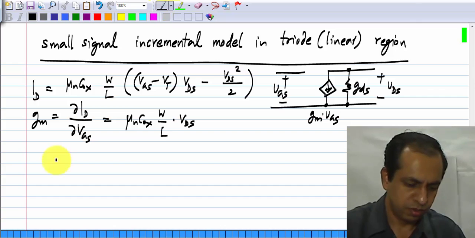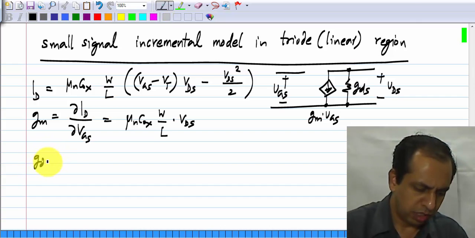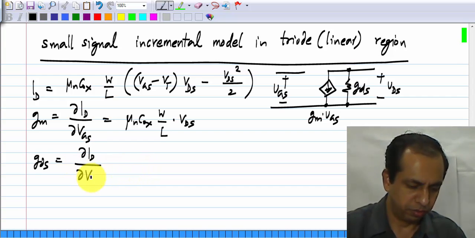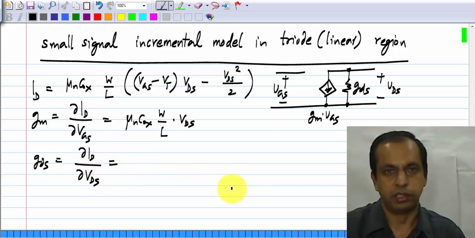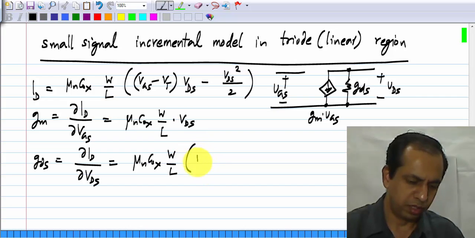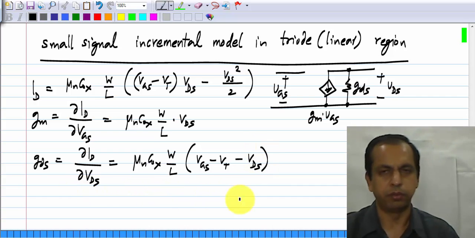Now, the conductance GDS, which is the partial derivative of ID with respect to VDS, is given by mu n Cox W by L times VGS minus VT minus VDS. Okay.